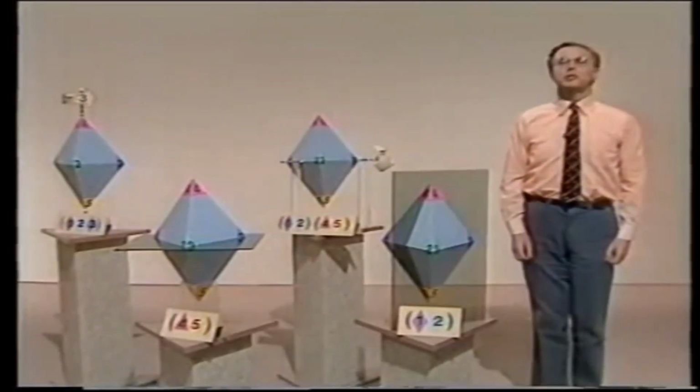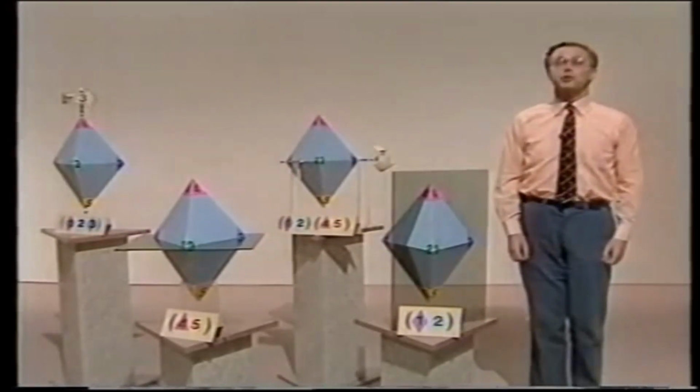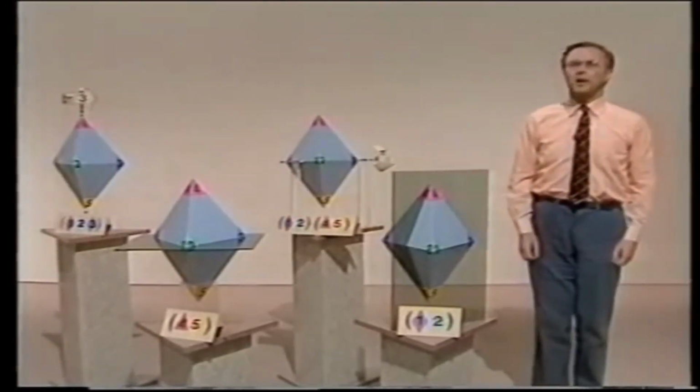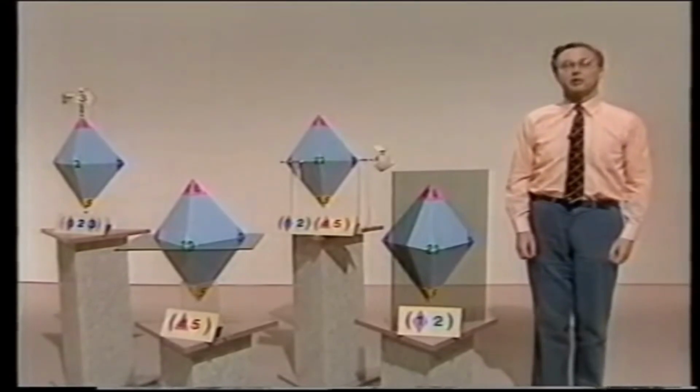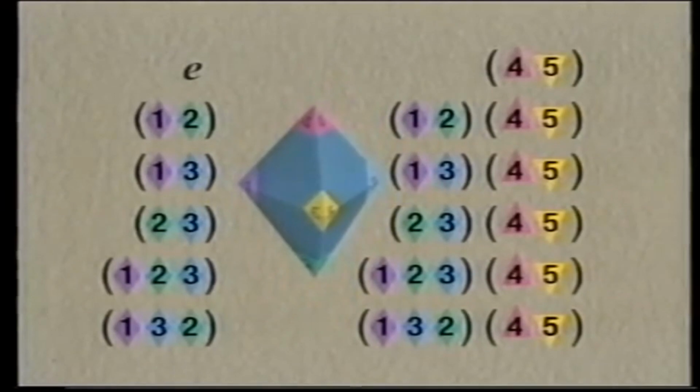Now let's go on to consider several different representations of the symmetry group. First, an easy modification. What happens if we label the vertices differently? For instance, let's interchange labels 2 and 5. Well, we then have to interchange 2's and 5's wherever they occur.